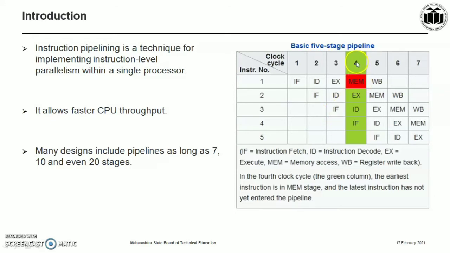If you see here in the green column, in the fourth clock cycle, the first instruction, which earliest completed its execution, is in the memory stage, and the latest instruction has not yet entered the pipeline. So this is the concept of pipeline.